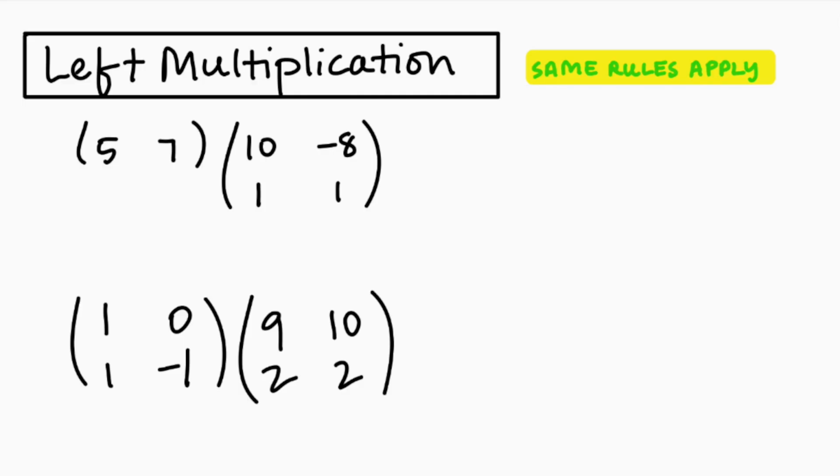All right, so I want you to think about doing this left multiplication, the vector times the matrix, however you normally would. I will point out, though, that if I'm thinking about a vector that's just one row and 2 columns multiplied by a 2 by 2 matrix, that should give me back a 1 by 2 row.